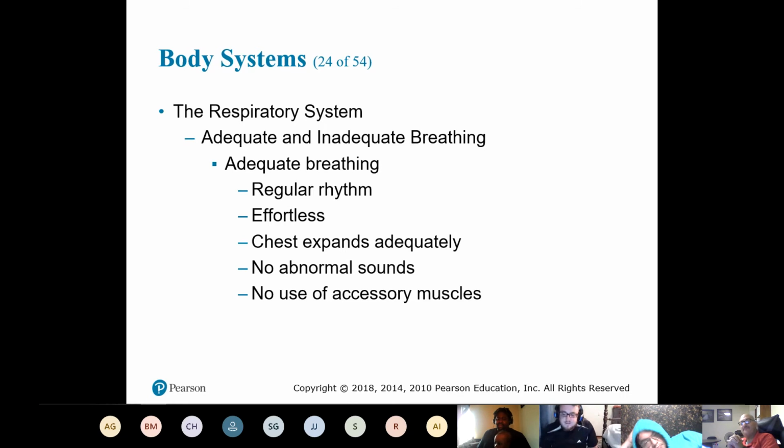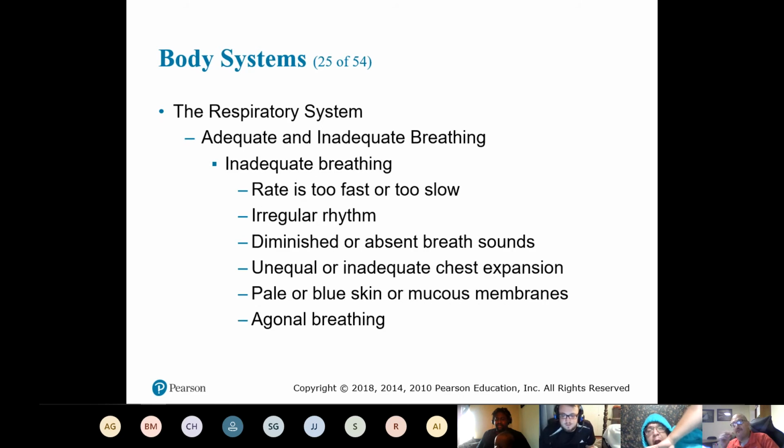But no, you should not see the abdominal muscles working to breathe. So with inadequate breathing, as Brandon started saying, you have nasal flaring. Again, we don't need to work to breathe, but if the nostrils are flaring, what does that mean?